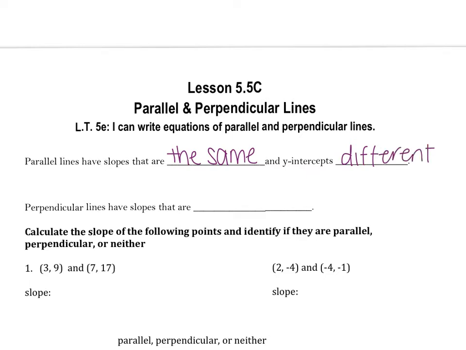If they were the same slope and same intercept, they'd be the exact same line. So you have to have the same slope and different y-intercepts. Keep in mind when you are using the equation y equals mx plus b, the slope is the same and the y-intercept is different.